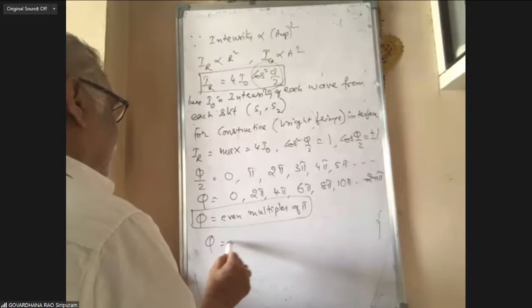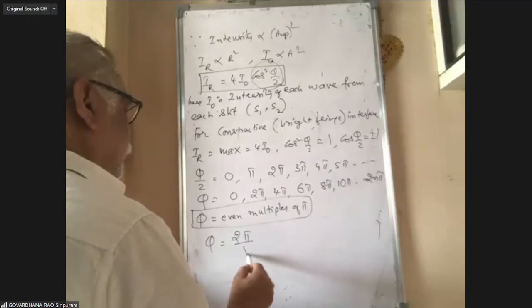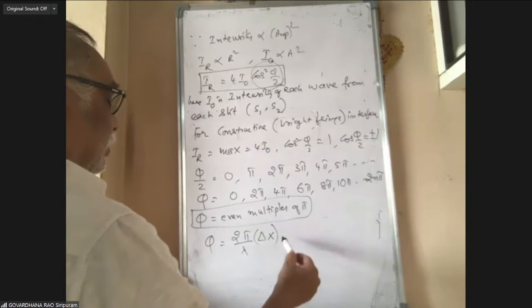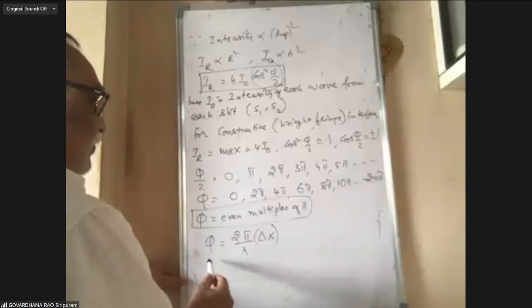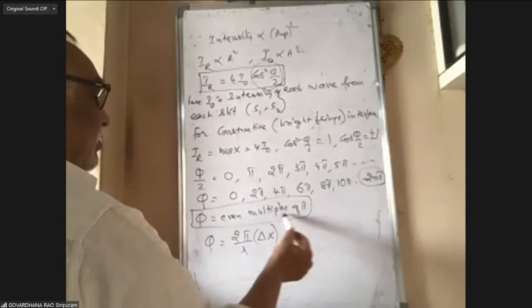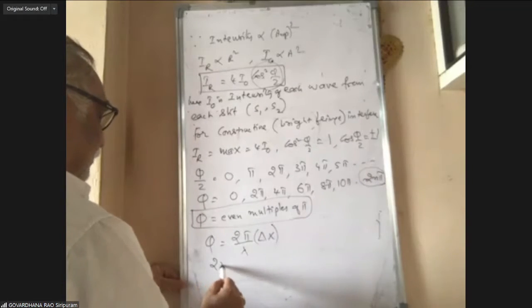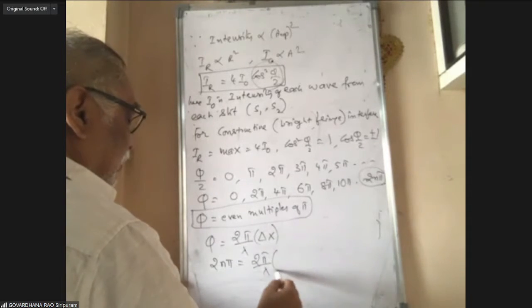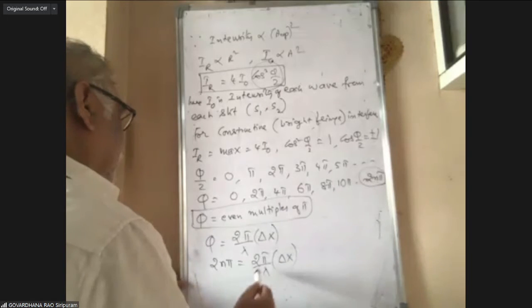You know, phase difference equals 2 pi by lambda into delta x. Phase difference is even multiples of pi, that is 2n pi, equal to 2 pi by lambda into delta x.